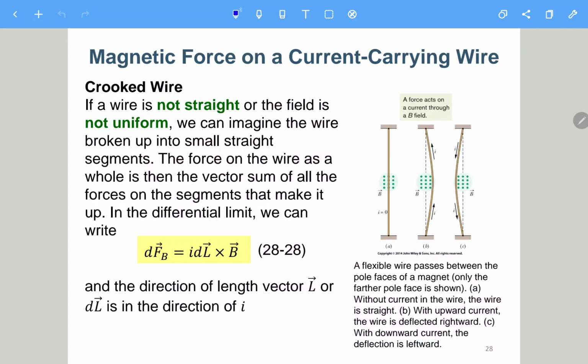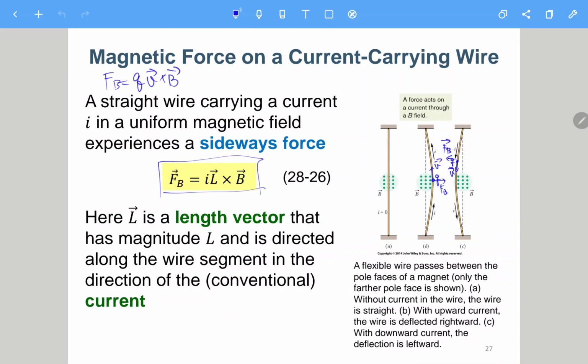Actually you can consider something like F. Scalar form is not good, so I just keep the vector form. So q, we have B there, and we have v. We can actually change v to dl/dt.